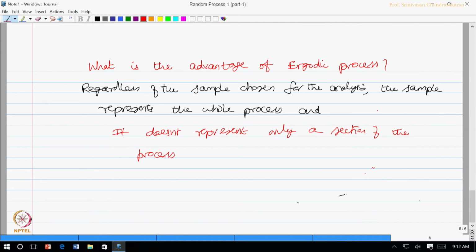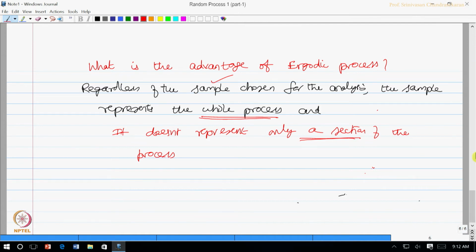So, by this logic, the entire random process, what you have chosen, take a sample from the process, qualify the sample, and the sample now represents the whole process and not only the section of the process.